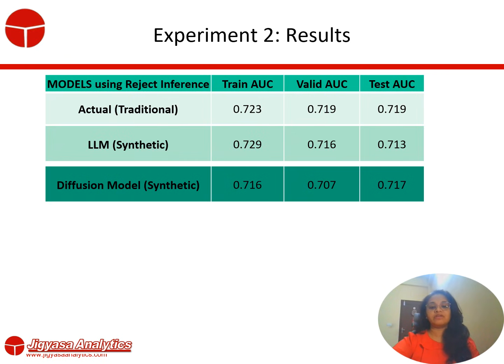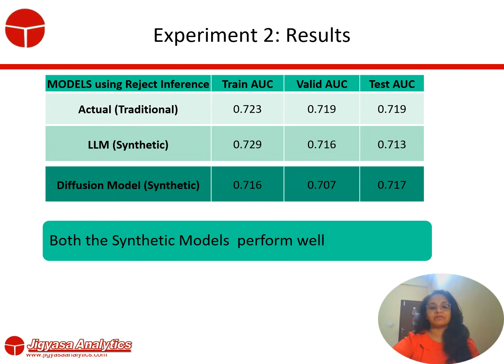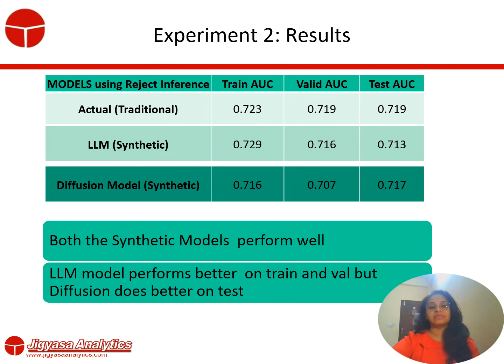Diffusion model, train 0.716, validation 0.707, holdout 0.717. Now, what stands out here? All three models are in the same range, very close overall. The LLM model leads on training performance, while the diffusion model is closest to the traditional model on holdout, showing strong generalization.